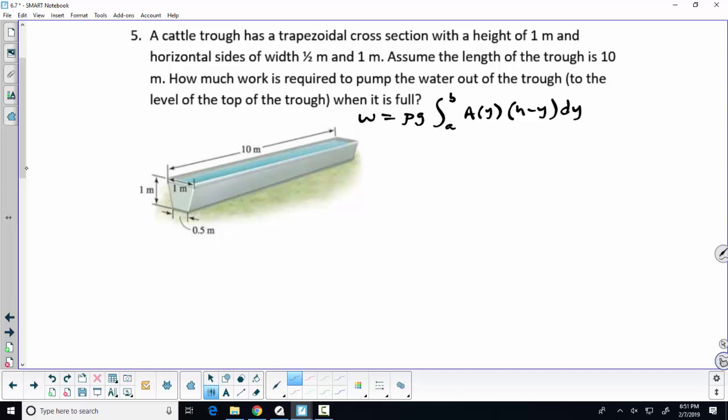So remember, A of y is the area of the cross sections. So our cross sections are what? Rectangles. Yeah, when we cut through here, our cross sections are rectangles. Maybe we just start off by saying it's length times width.